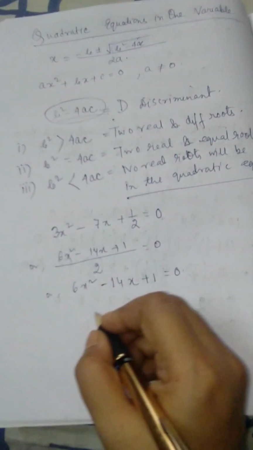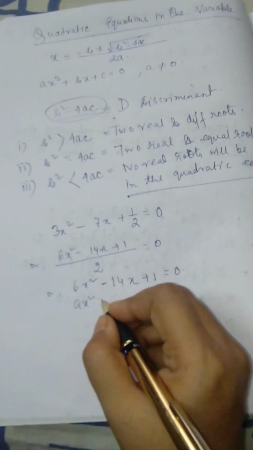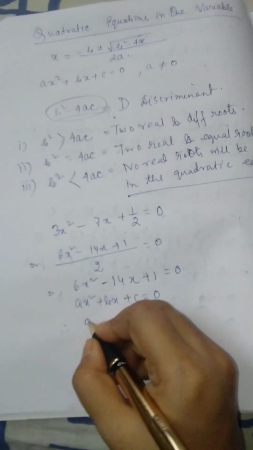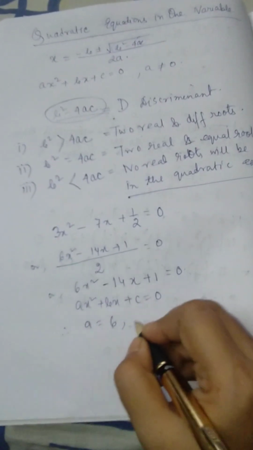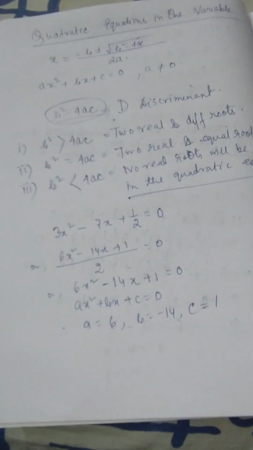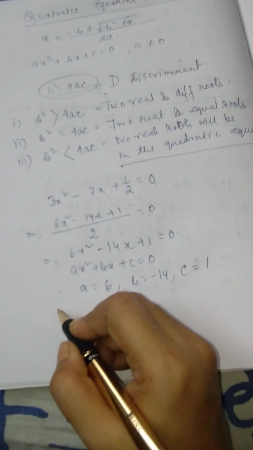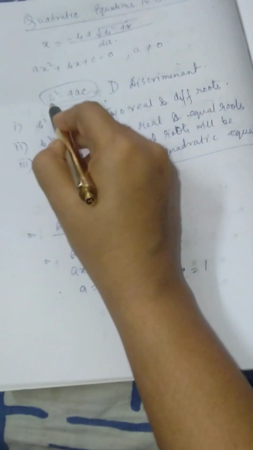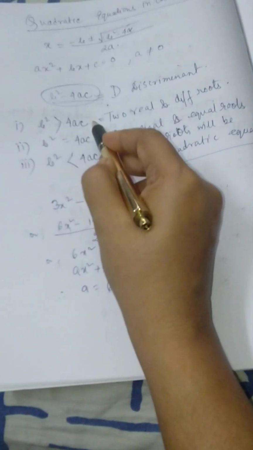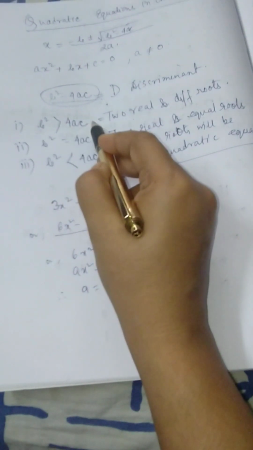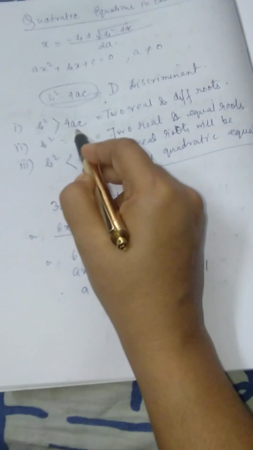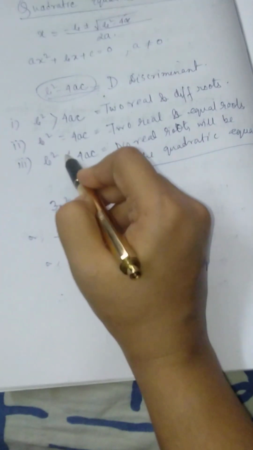Now if we compare this format with ax square plus bx plus c equals 0, we will find that a is 6, b is minus 14 and c is equal to 1. So you remember that we have to find the values of b square and 4ac and compare them, whether b square is greater than 4ac, equal to 4ac or less than 4ac.